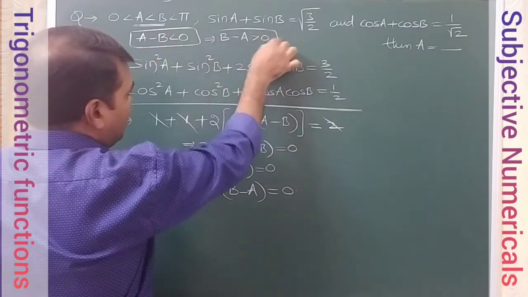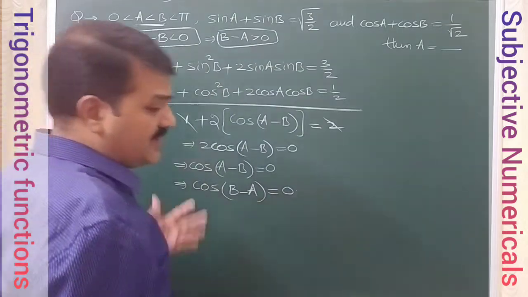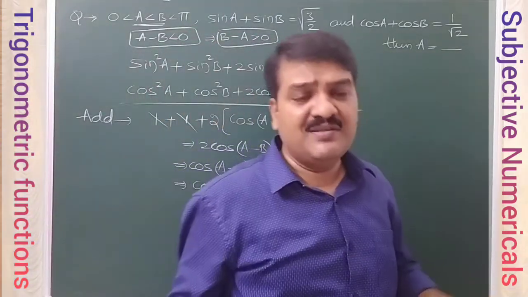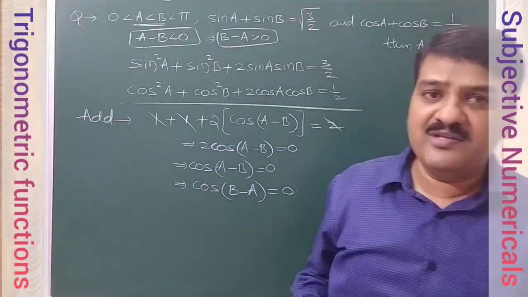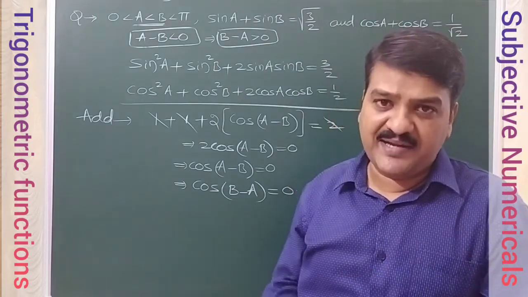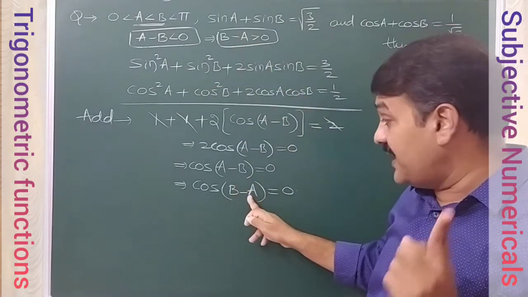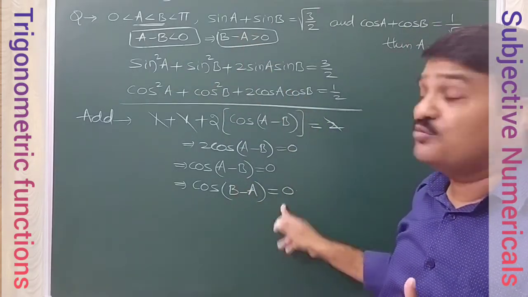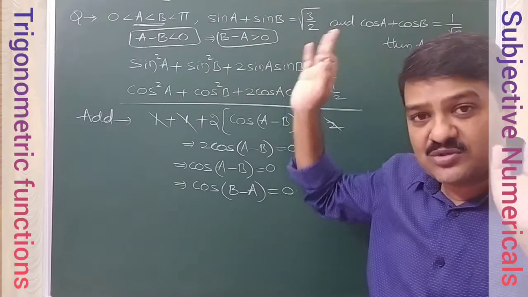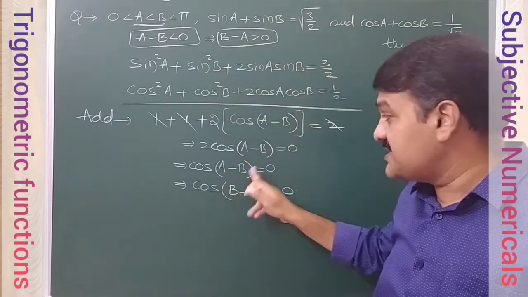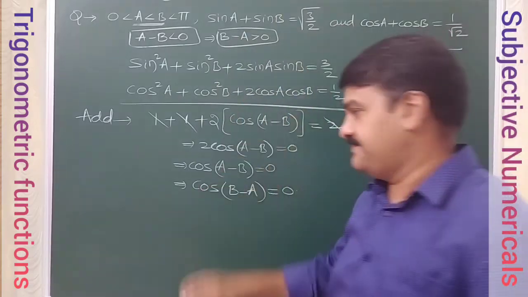So B minus A, positive, you will get. That is obvious. A minus B is negative. Multiplying the negative quantity with minus, automatically you will get a positive quantity only, no? So A minus B is negative, B minus A is positive. B minus A you can take as pi by 2 because it is positive, it is okay. But A minus B as pi by 2 you cannot take.